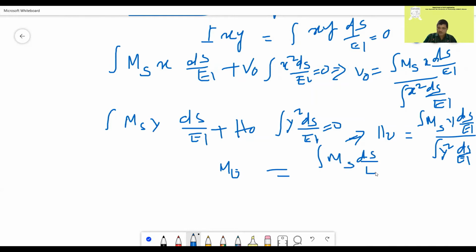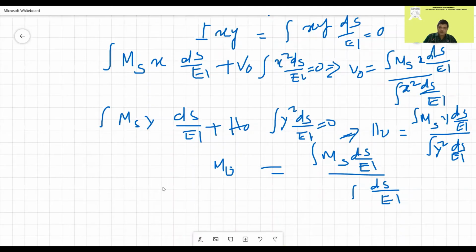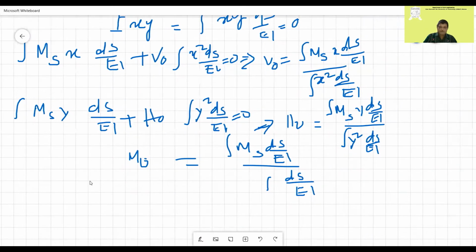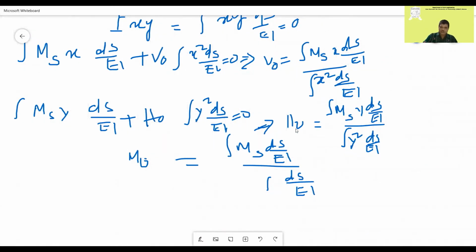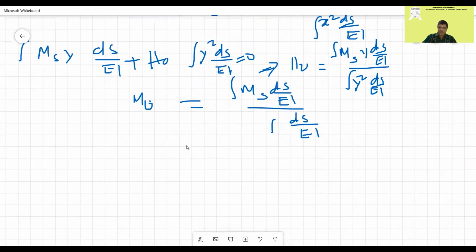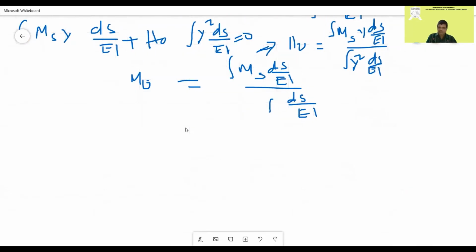So you have to integrate all the terms to find the solution. Now these are the three equations that will give the solution for finding the unknown reactions V0, H0, and M0. So V0, M0, H0 can be obtained by putting these equations.